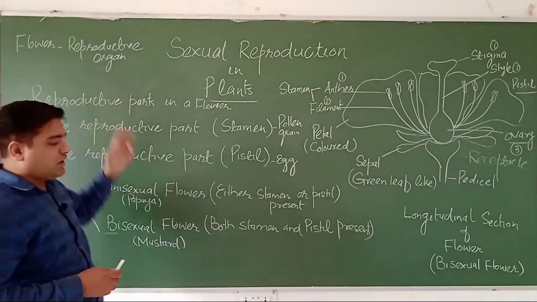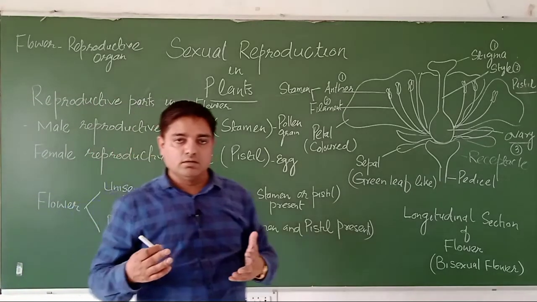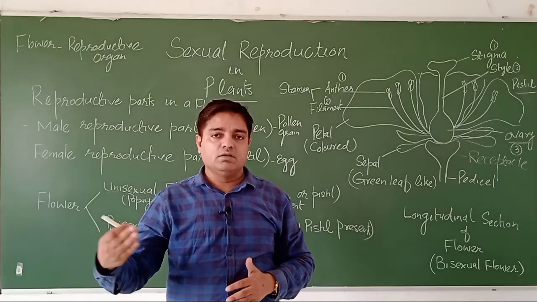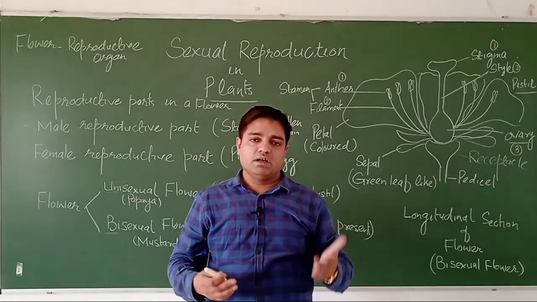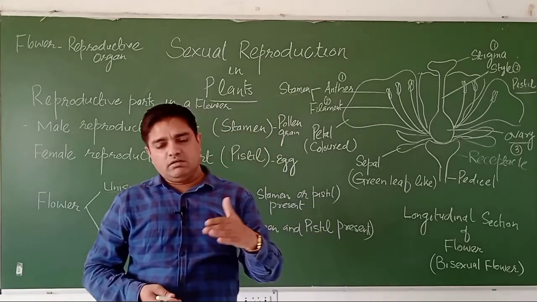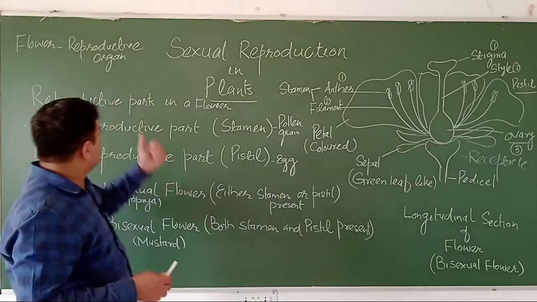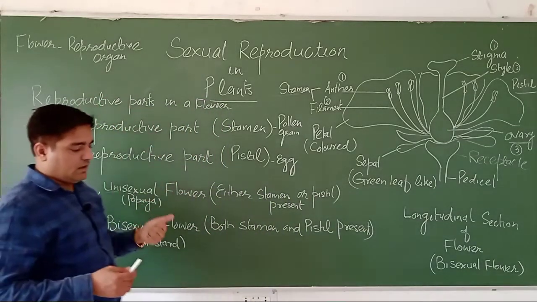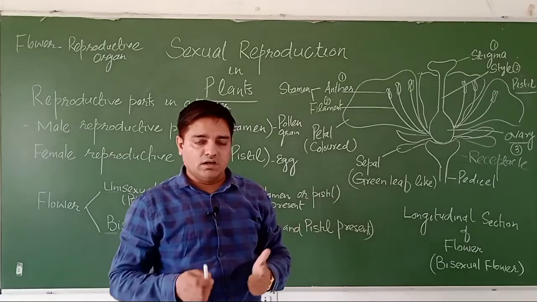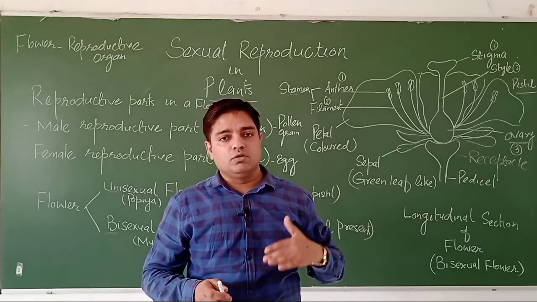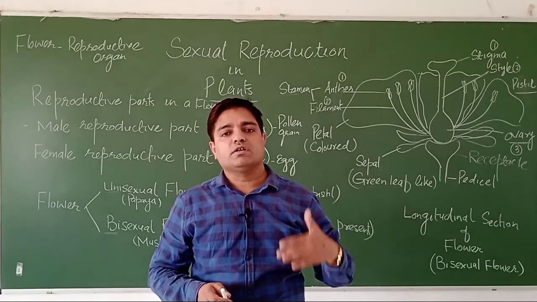When a flower arises on a plant, it means the plant enters into the reproductive phase.